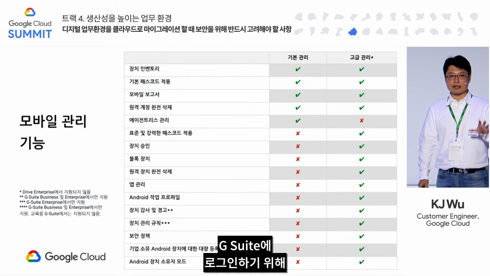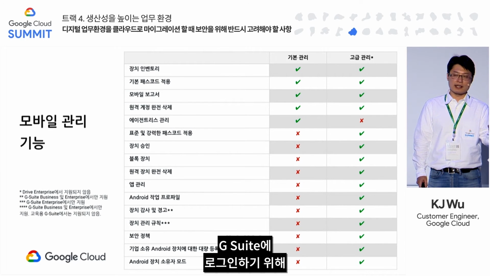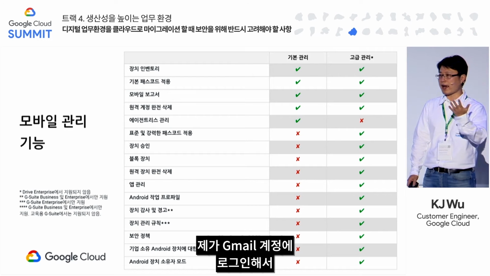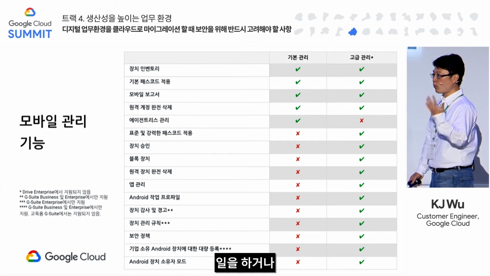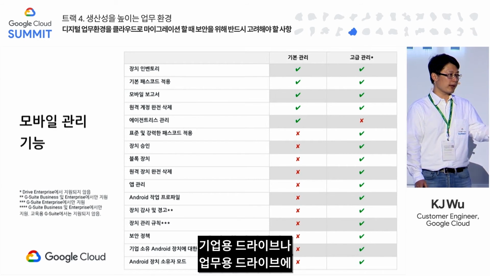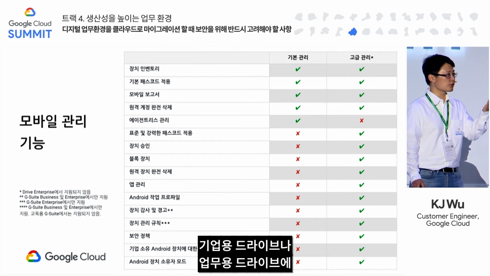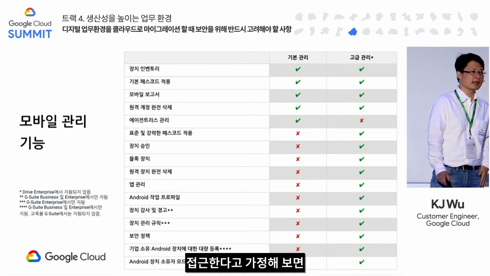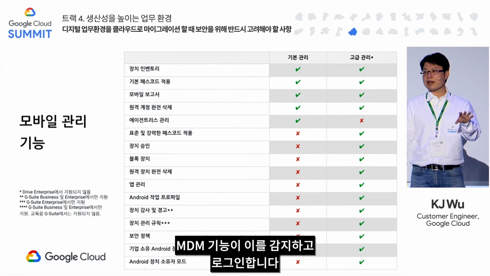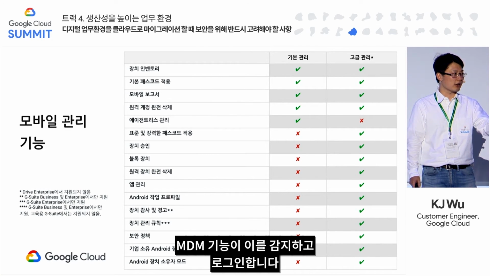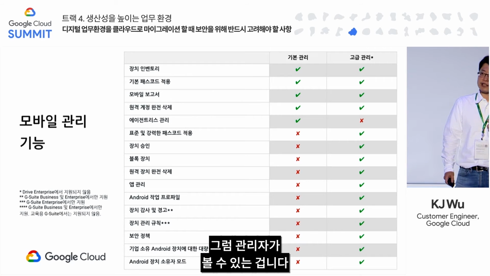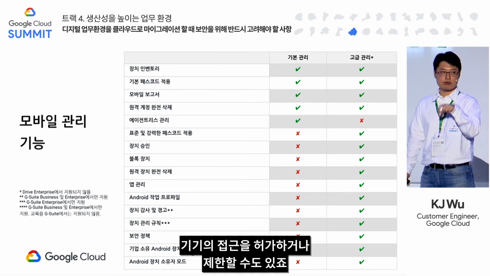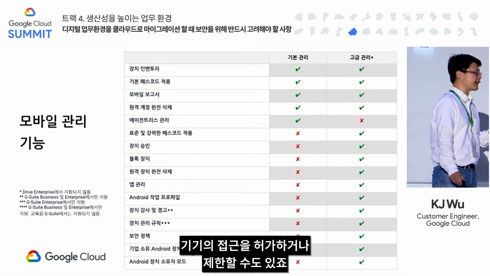But every time you use this device to log into G Suite, for example, I access my work Gmail, or maybe my work drive, enterprise drive, the console MDM feature will detect that and log it. So the administrator can see that. I can even reject or approve that device for access.